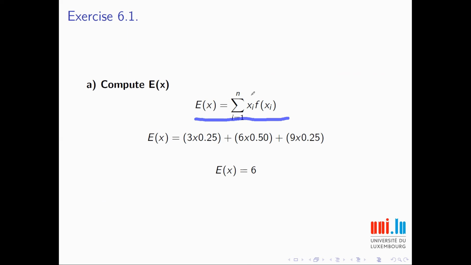So here we just multiply row by row, and we sum it up, and we get that the expectation of our random variable is equal to 6. Yes, sorry, I see the question.